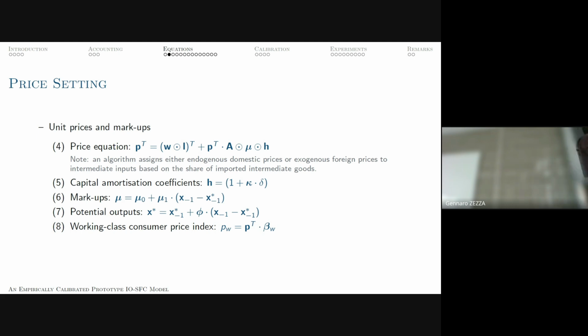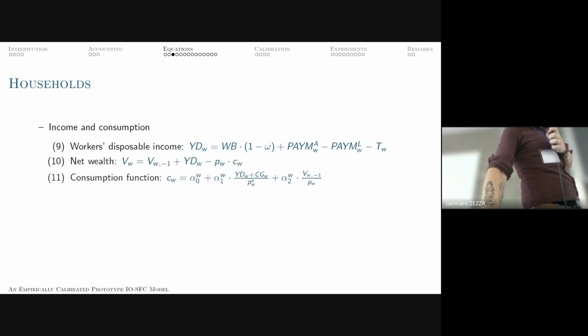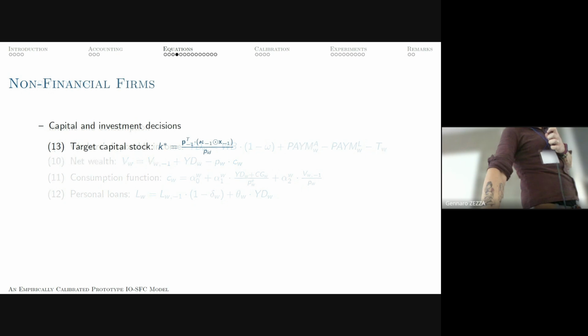So I can calculate the working class consumer price index, the capitalist class consumer price index, investment price index, and so on, which are very useful because those things allow me then to have just a few behavioral equations. In terms of income and consumption, the model is quite standard, so it's a quite standard SFC model.